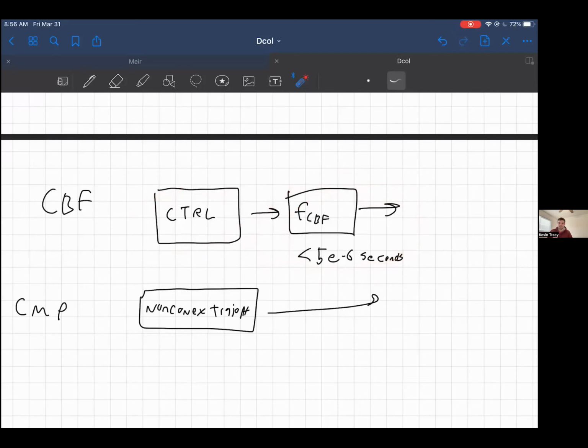Costs us basically nothing. This, on the other hand, because it's non-convex, can be crazy slow. This could not converge. This could converge immediately. It's so dependent on your initial guess and the non-convexity of the problem and how hard it really is that it's very hard to put any sort of time guarantees on this. You basically just have to do everything you can to make the problem as easy to solve as possible and then exhaustively test it to make sure it still solves correctly.